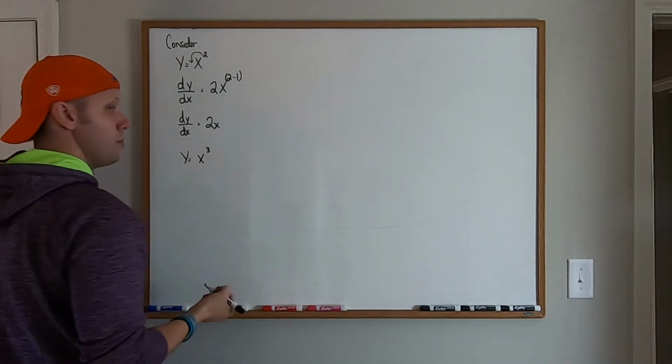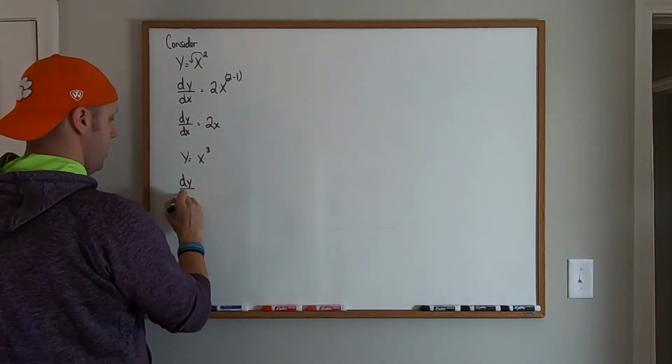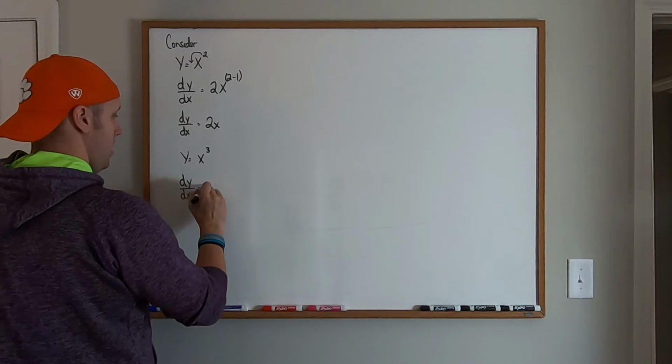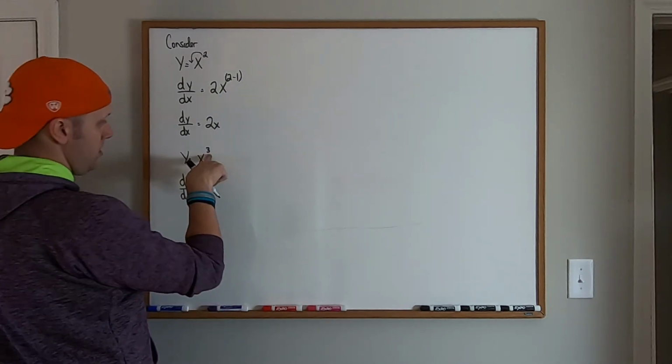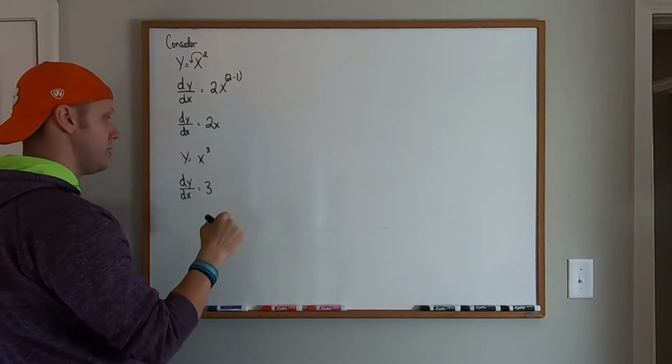All right, if I want y equals x cubed, how do I take this derivative? Well, the derivative, dy over dx, is equal to 3, because I take this exponent 3 and multiply by the leading coefficient of x, which in this case is 1.